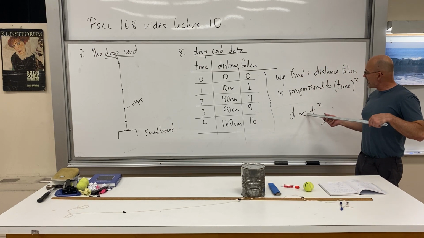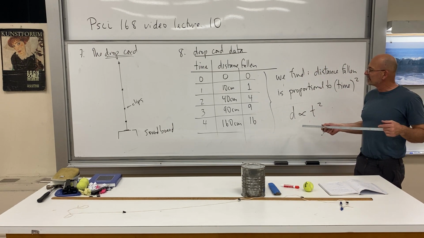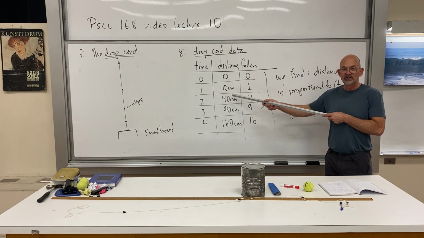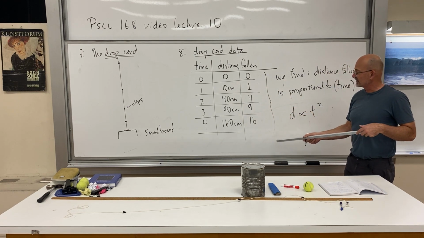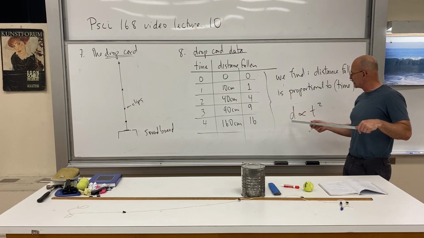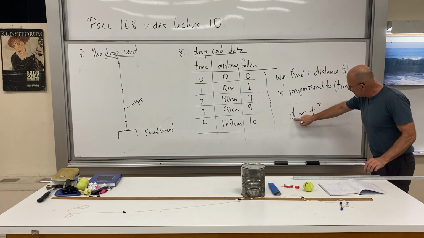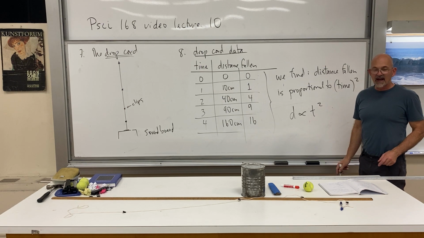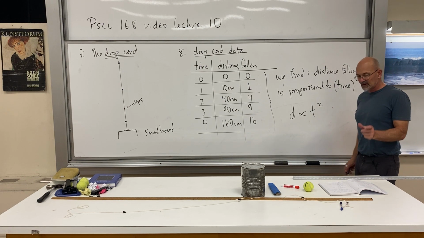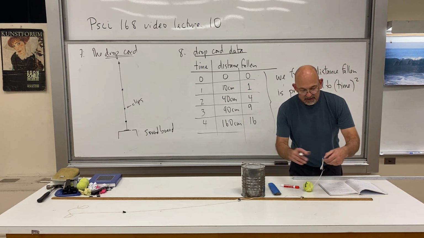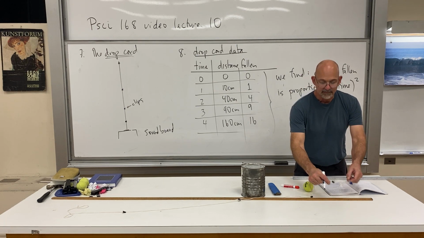Now there's a proportionality constant here, but we don't know what it is. It depends on the units that we choose. Okay. If we use inches, it'll be different than if we use centimeters. But it will always be distance fallen proportional to time squared, because we just took a unit, which just happened to be 10 centimeters.